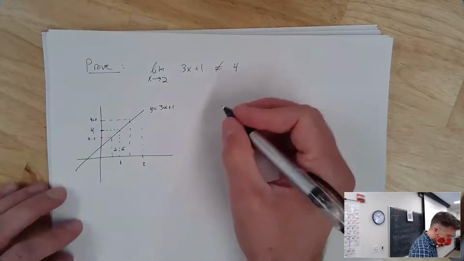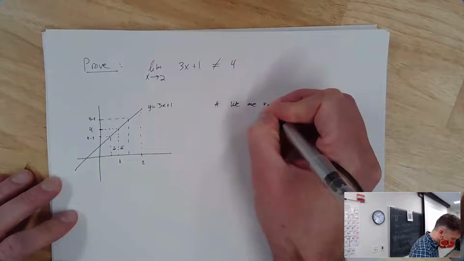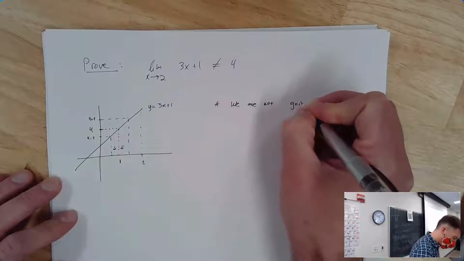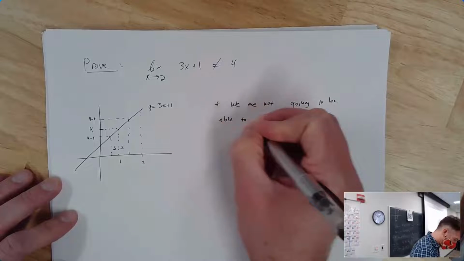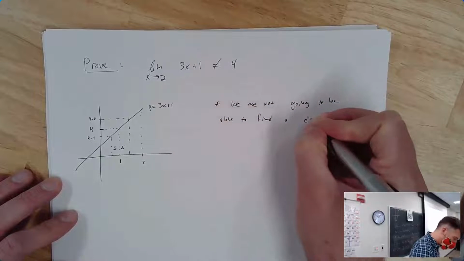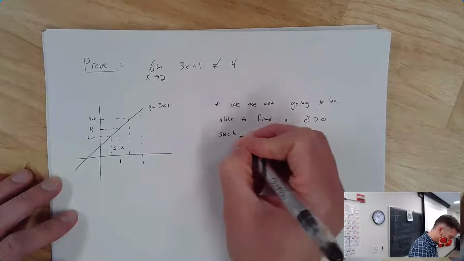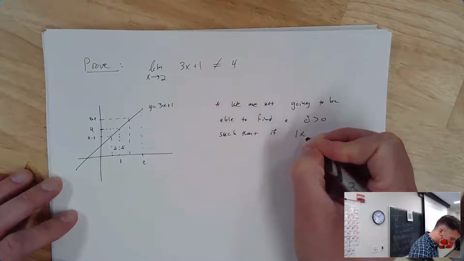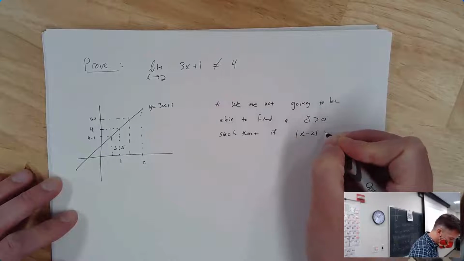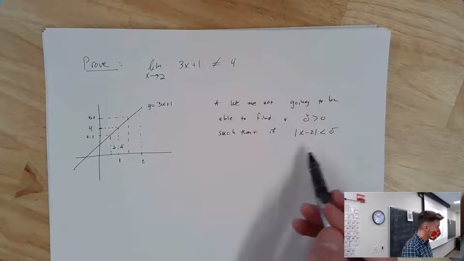So here's what I'm seeing. We are not going to be able to find a delta greater than 0 such that if the absolute value of x minus 2 is less than delta, and again, that just says x is close to 2, right?